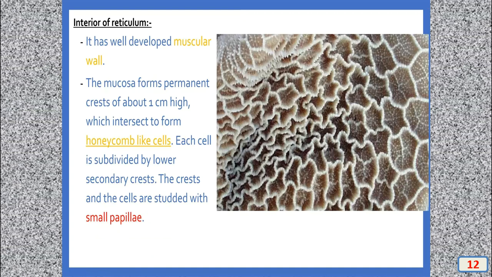The interior of the reticulum also contains similar things. Especially we can see the mucosa forms a permanent crest about 1 centimeter in height, which intersect to form honeycomb-like cells, and each cell is subdivided by lower secondary crests.